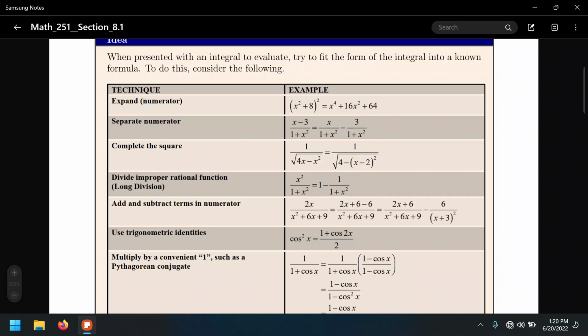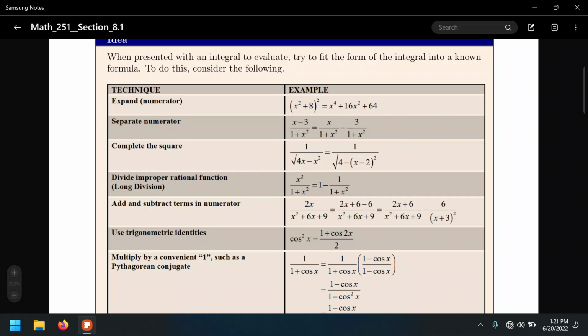Alright, so number one, sometimes we have powers of binomials, trinomials. A good first step is to expand the numerator, have more terms, and then integrate each term. So that's one of the techniques.